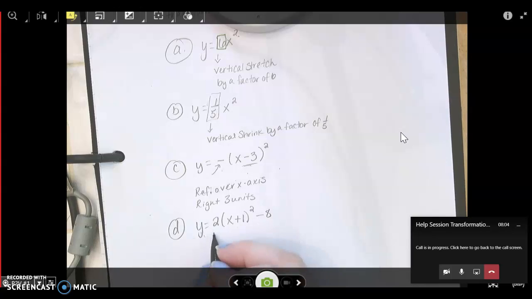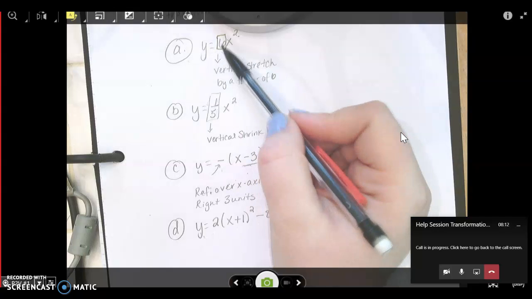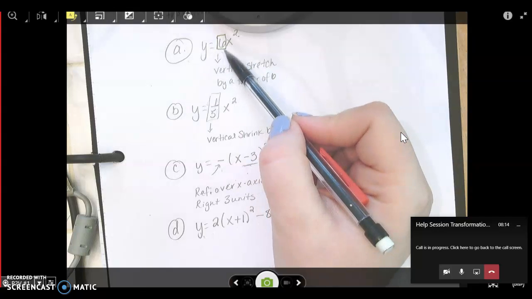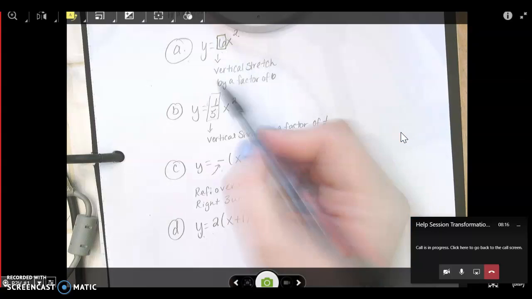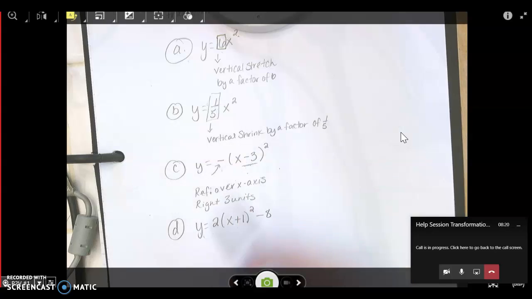So the 2 in front, remember that's a vertical stretch or vertical shrink. Like letter A, if this number in front of the x squared is bigger than 1, it's a vertical stretch. If it's less than 1, it's a vertical shrink. So 2 is bigger than 1, so this is a vertical stretch by a factor of 2.